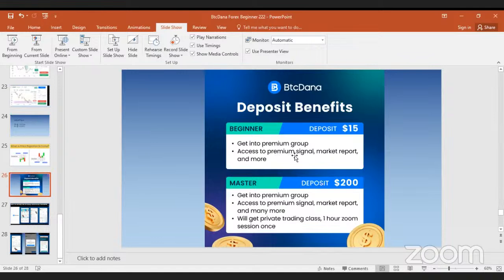Imagine making $3. I made almost $3, $3 plus from the live market trade we took just now. Imagine I have another trade like that, three times in a day. How much do you think that is? If your calculation is right, that is 3 times 3, which is $9.